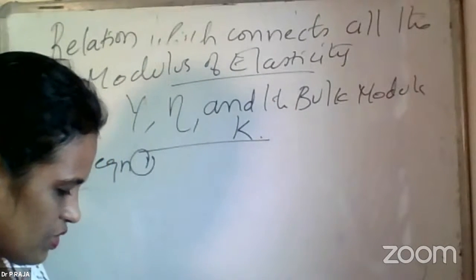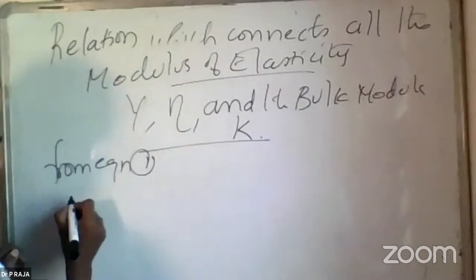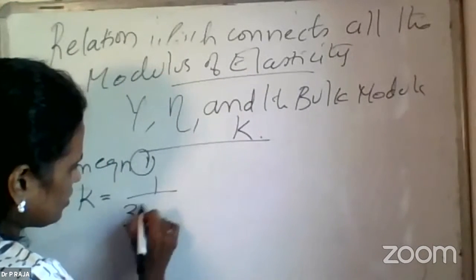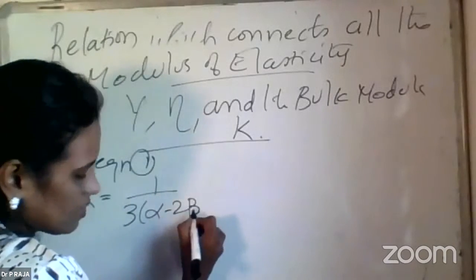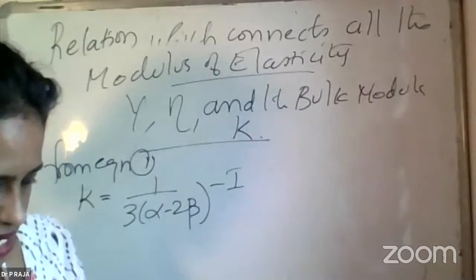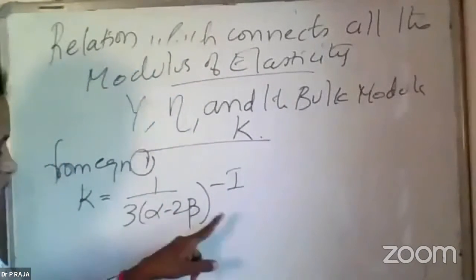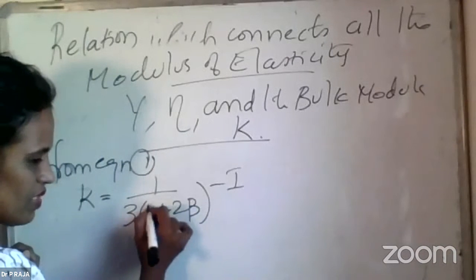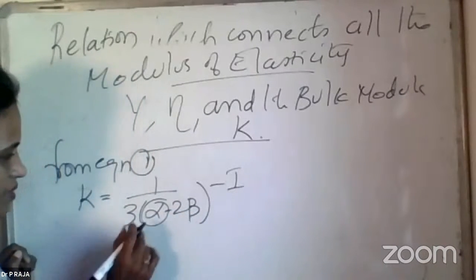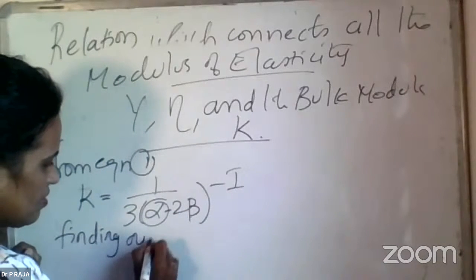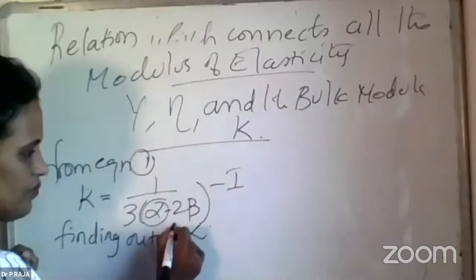We know that K is equal to 1 by 3 into alpha minus beta. This is equation 1. From equation 1 we are going to find alpha.